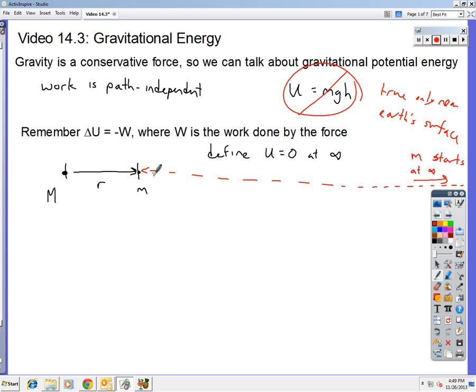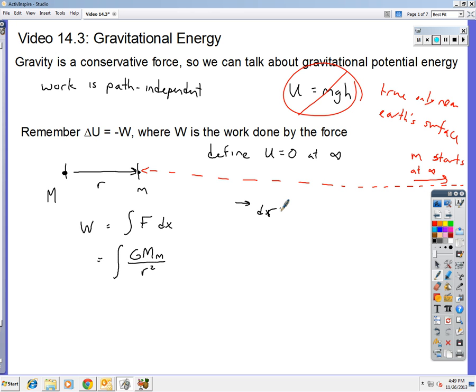And the change in potential energy is equal to the negative of the work done. And so we want to find out how much work is done. So work is equal to the integral of F dx, where in this case F is G big M little m over r squared. dx is a differential quantity that points in the positive x direction, or rather, dr is a differential quantity that points in the positive r direction.